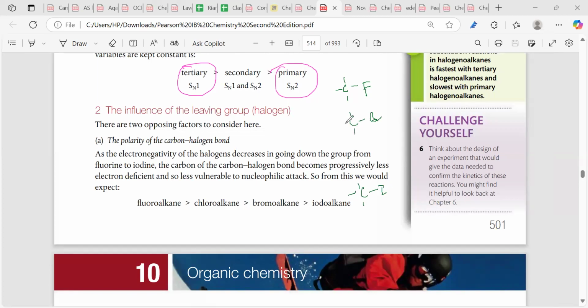Now over here, Ashvi, can you tell me which will be the fastest? Fluorine, bromine, or iodine? Fluorine, you said. What about you, Noor? Fluorine as well.